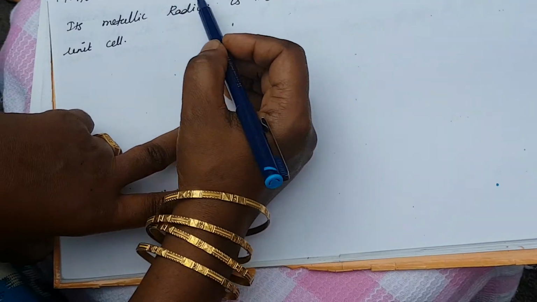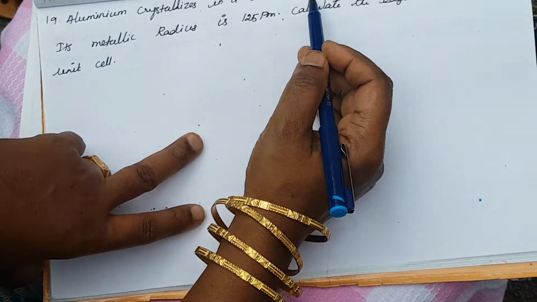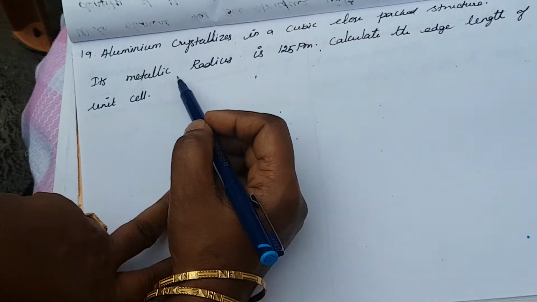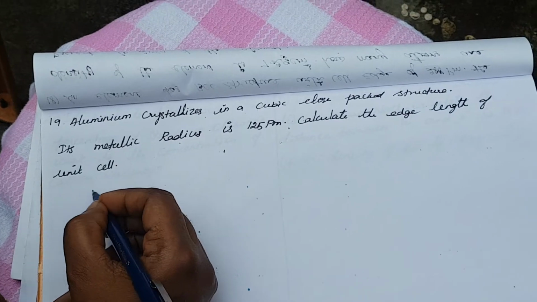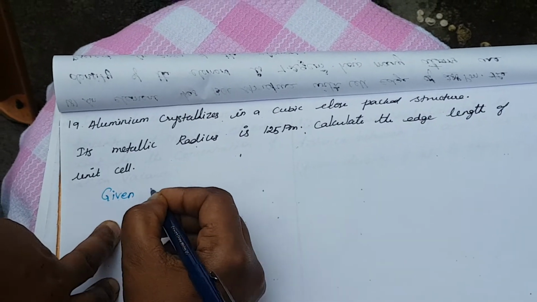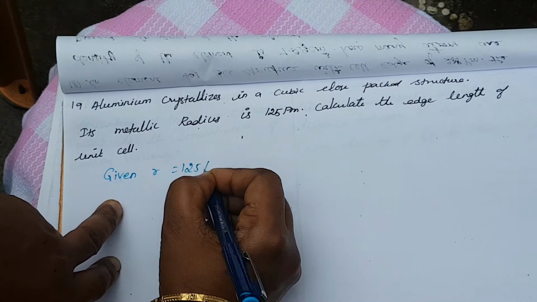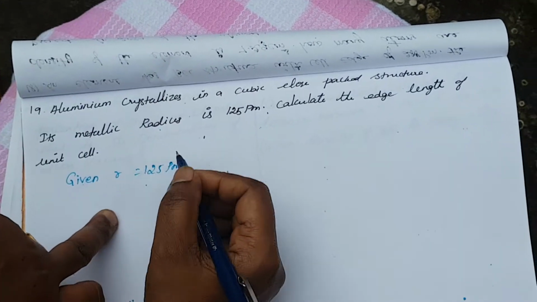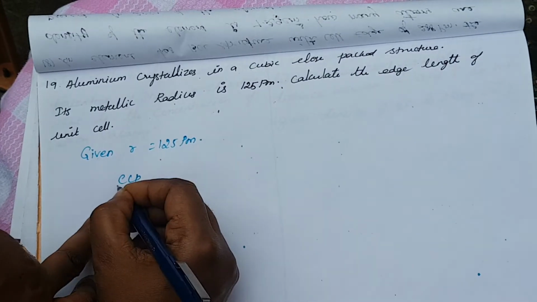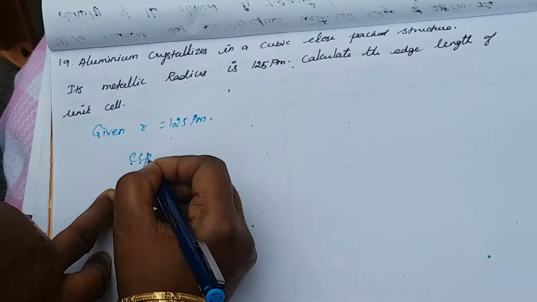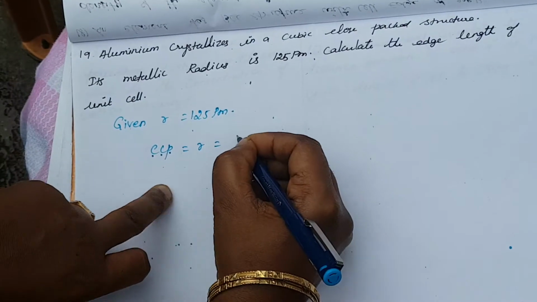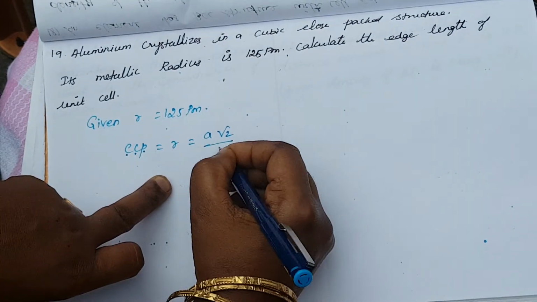So once again, aluminium crystallizes in a cubic close packed structure. Its metallic radius is the only given value, radius equal to 125 pm. For cubic close packing, what is the formula? R is equal to a square root of 2 by 4.